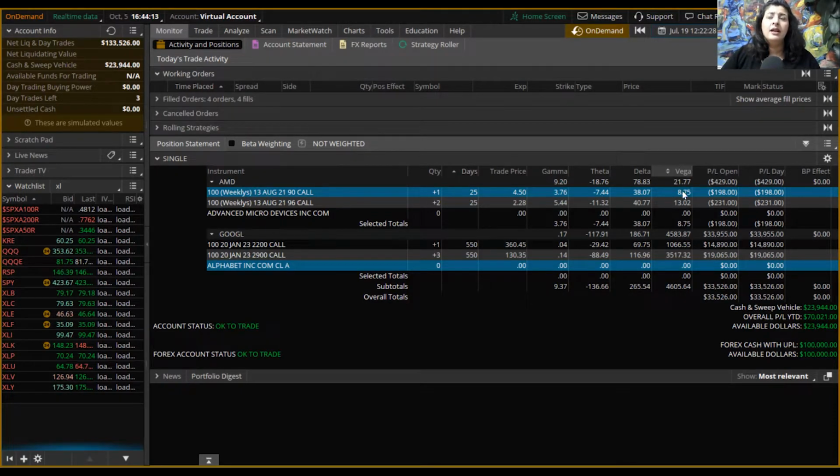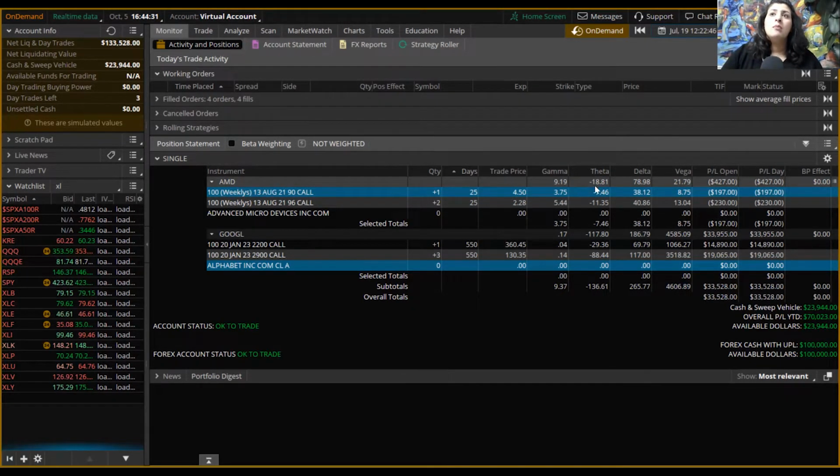Now, the other thing is that when time starts to squeeze, as you're getting closer to the end of your contract, theta will increase in value.